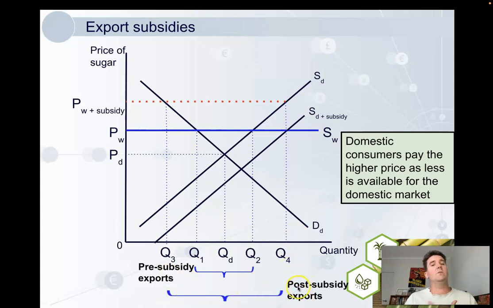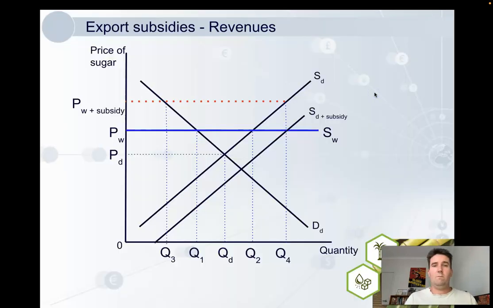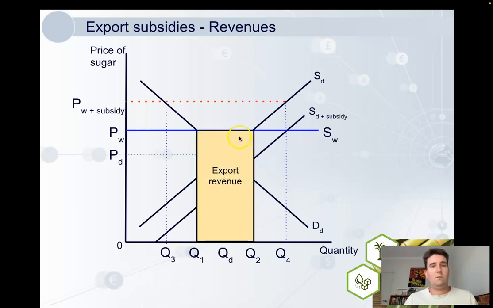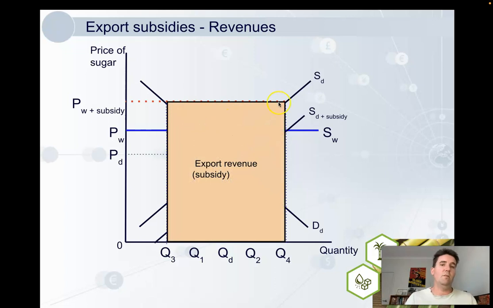So post-subsidy exports, much bigger because of the subsidy. Okay, revenues and spending. Export revenue increases. So this was what it was before, and then the export revenue increases greatly, because that includes the subsidy that they receive for selling the export, right?